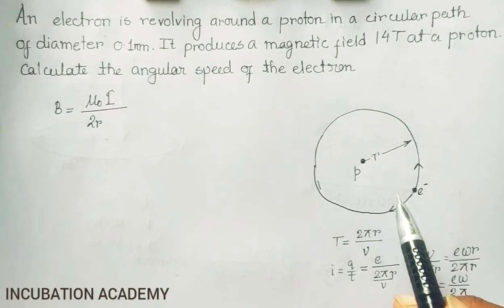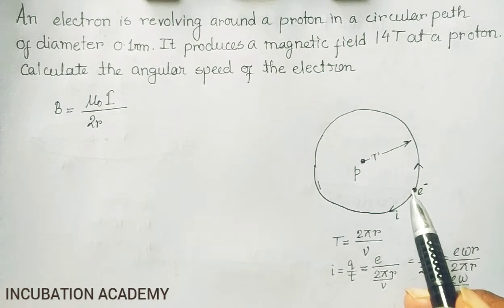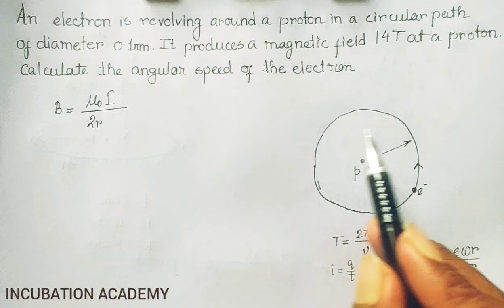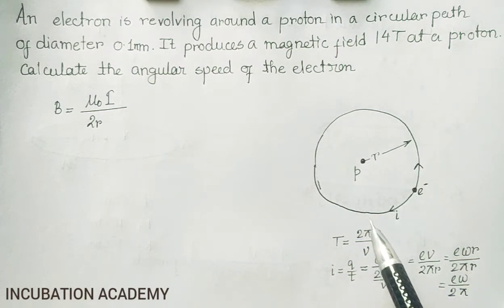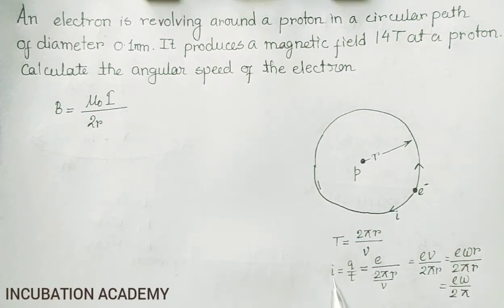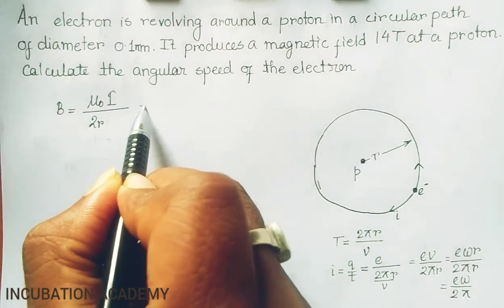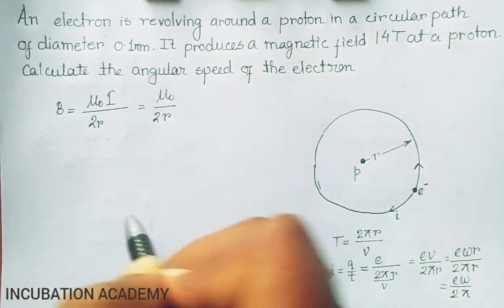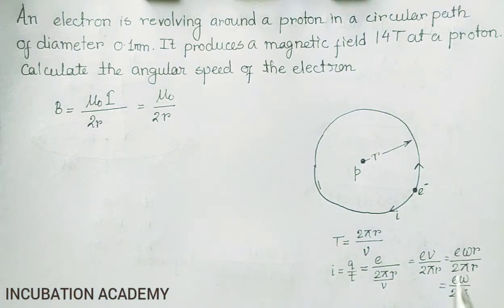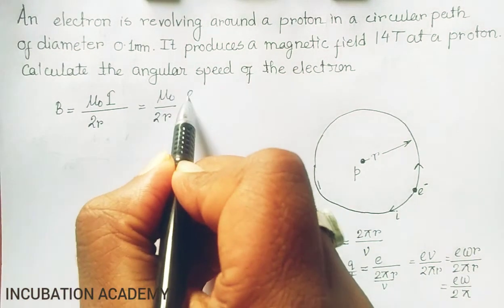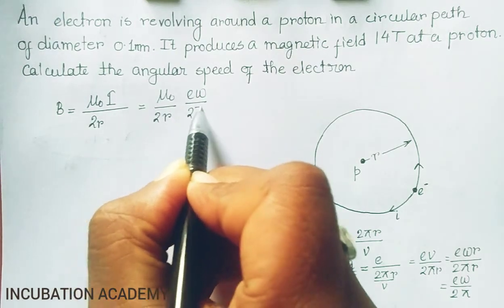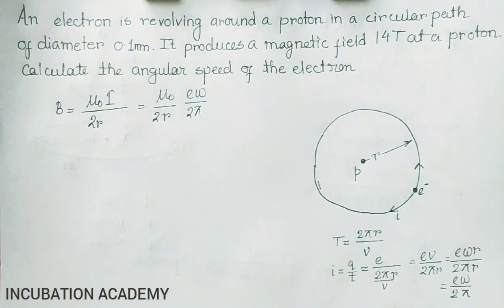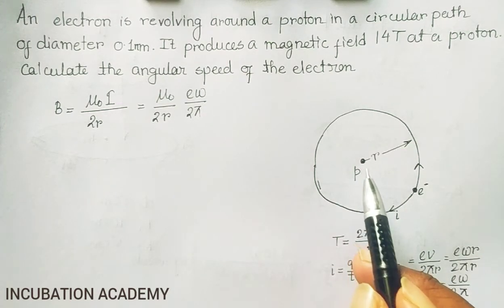Here I repeat, we are considering the circular path of the electron's revolution as a current carrying loop, and the value of the current is I equals e omega divided by 2 pi. Putting it in this formula, mu naught divided by 2r times e omega by 2 pi gives the magnetic field at the center, that is, at the position of the proton.